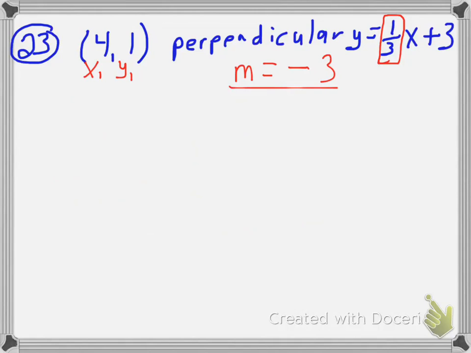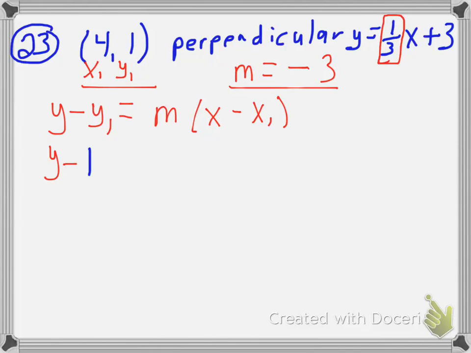So now we're going to use this slope and this point to find our equation. Now we know the point-slope form is y minus y1 equals m times (x minus x1). And our slope is negative 3, and then x minus, and our x1 was 4.